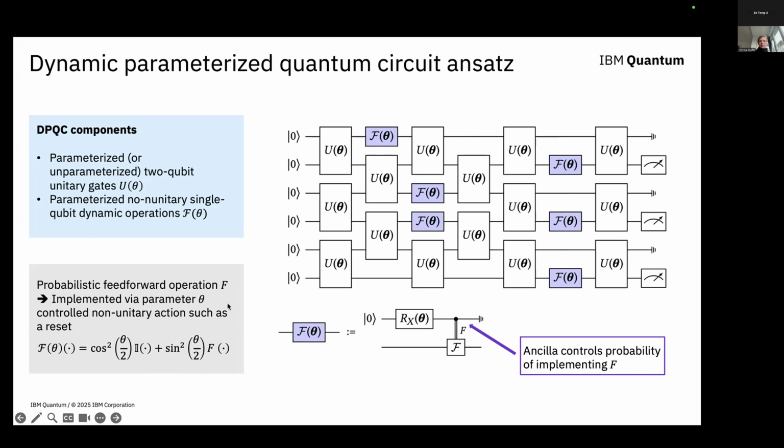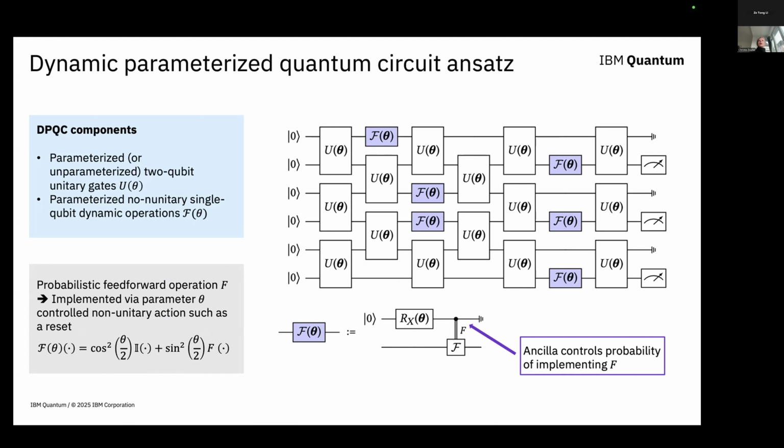So let's take a look to the right. If we purify, then we have a virtual auxiliary qubit, which is not in here. And on this auxiliary qubit, we apply a parameterized Rx rotation. And this Rx rotation, in turn, describes whether we apply our feed-forward operation F or whether we don't.